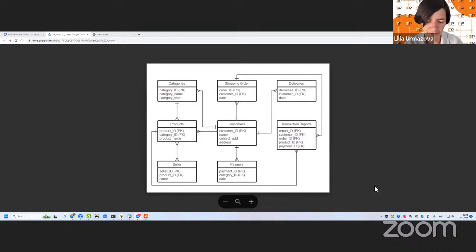Okay, guys. Talking about the bookstore, I think we could skip it for now because we have already had almost 2 hours of class today. I could put this picture of the ER diagram into your homework as an additional thing.